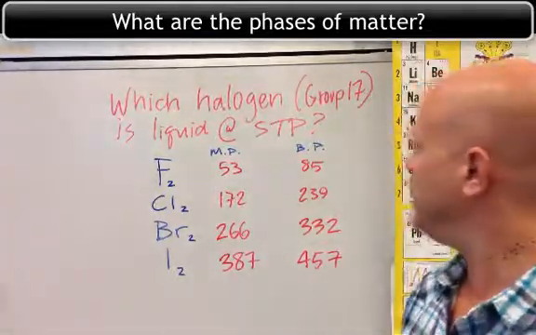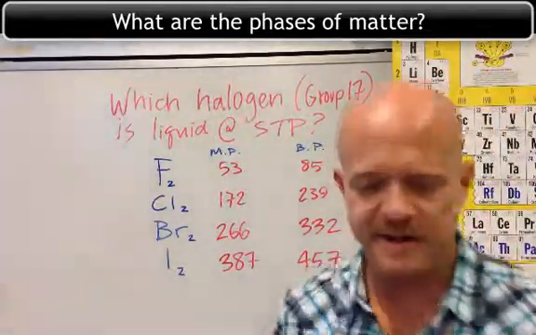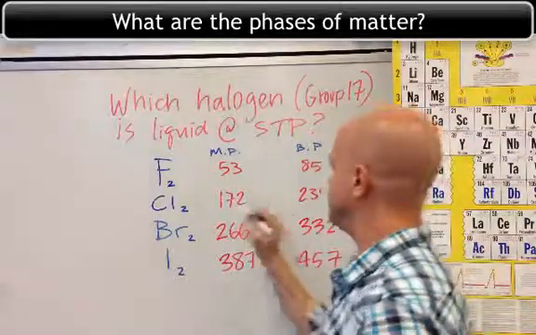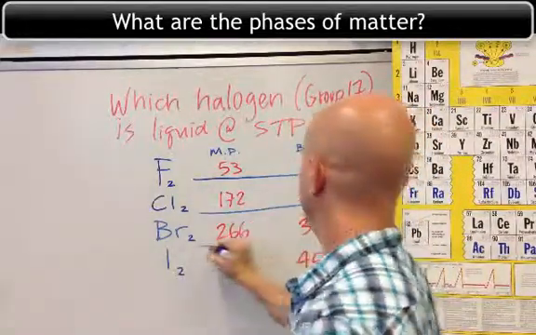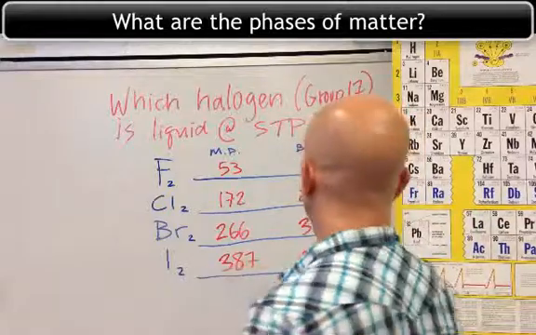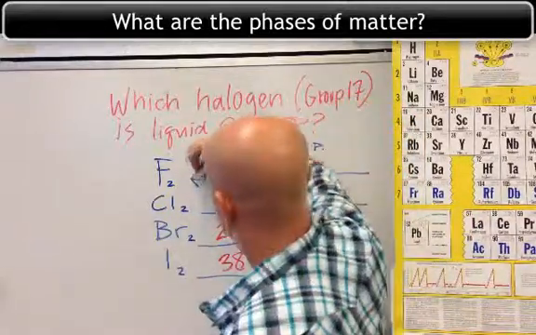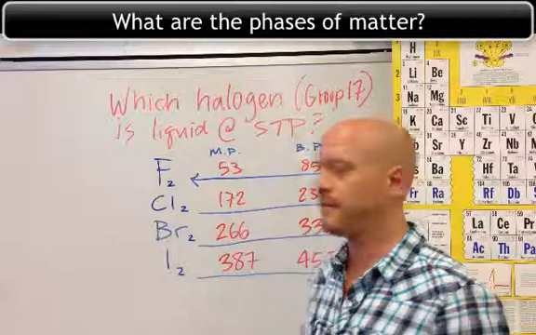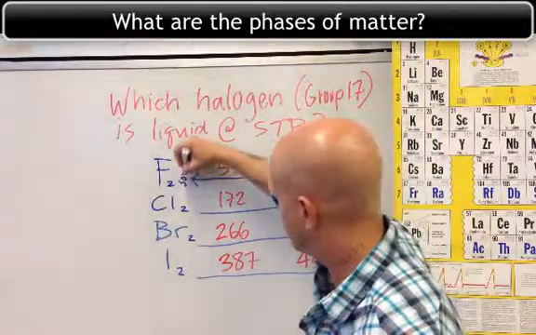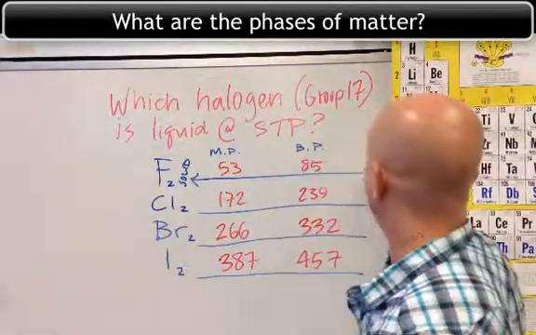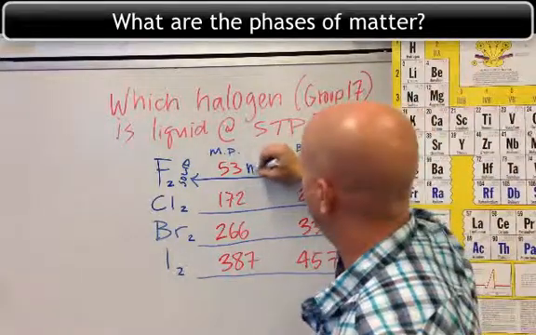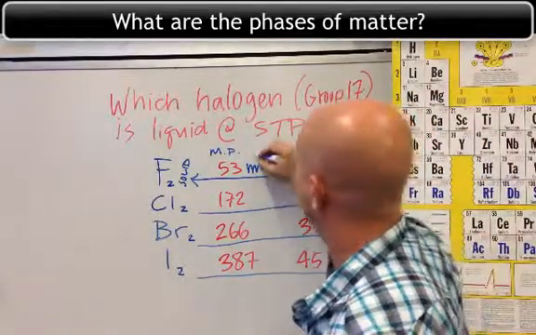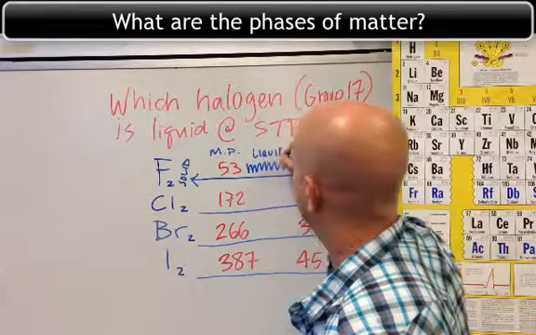Now, when you see a question like this, there's another trick you can use: you can treat this as a little mini number line. If the number falls to the left, it's going to be a solid. If the number falls to the right, it's going to be a gas. And if the number falls somewhere in between, it's going to be a liquid.